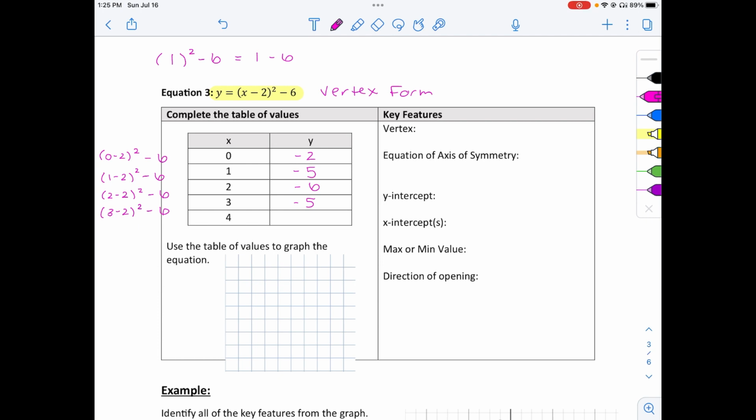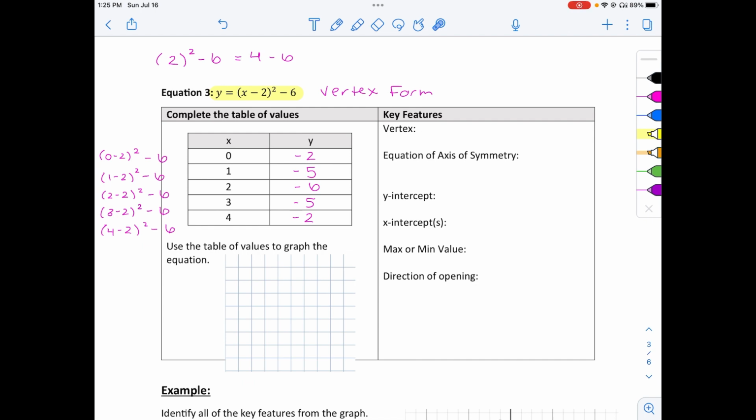I will calculate it as well. So if we do 4 minus 2 squared minus 6, we know 4 minus 2 is +2. Okay, 2 squared is 4, minus 6 gives us -2. Okay, so again, we can see that symmetry happening. We've got this point here. This is kind of the odd one out. Then we have -5 on both sides, and then -2.